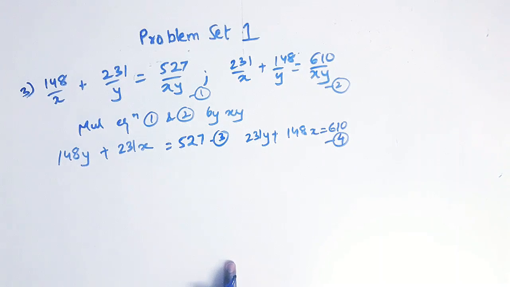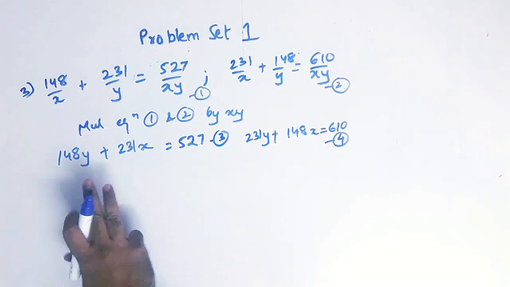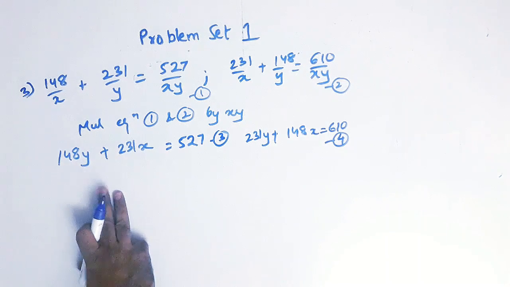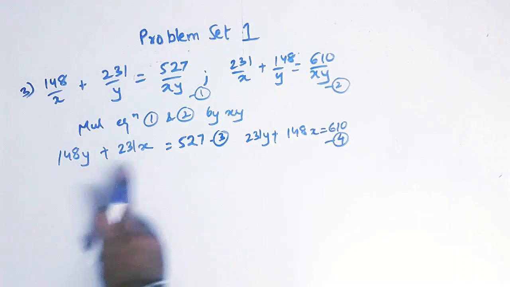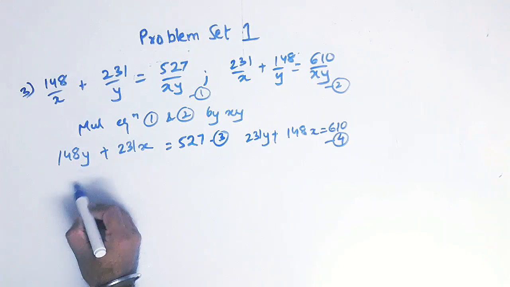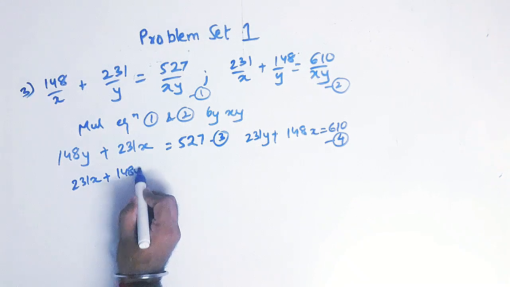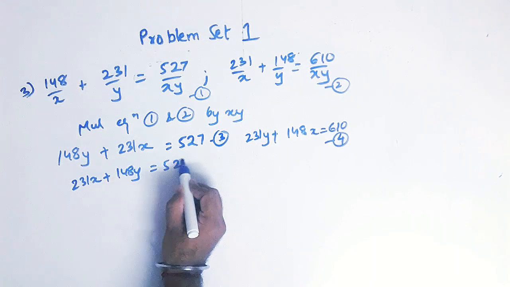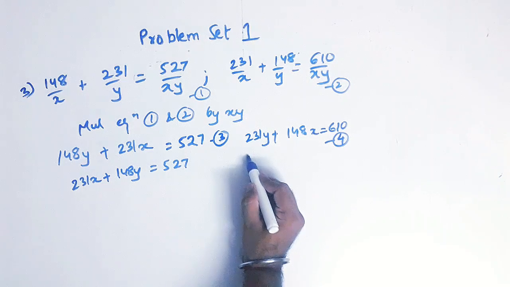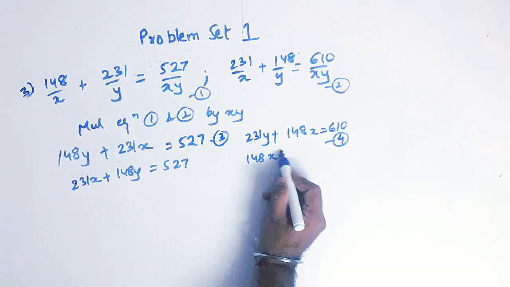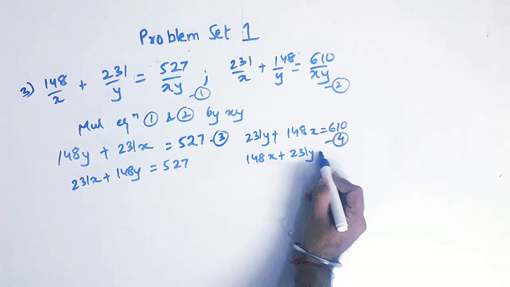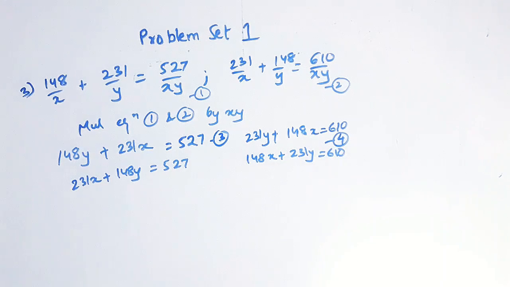In such a case, what to do? You know, we add one time and subtract one time, but before that we will arrange them in proper order. Okay, x comes before y here also and here also, so we'll write 231x plus 148y equals to 527. Let this be third one only, and here 148x plus 231y equals to 610.